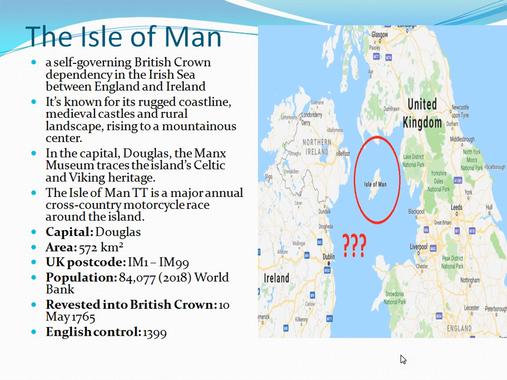Look here, can you see the map? We can use it as a pointer. This is the United Kingdom, and also Ireland. Here is an ocean, and here there is a state, the Isle of Man.